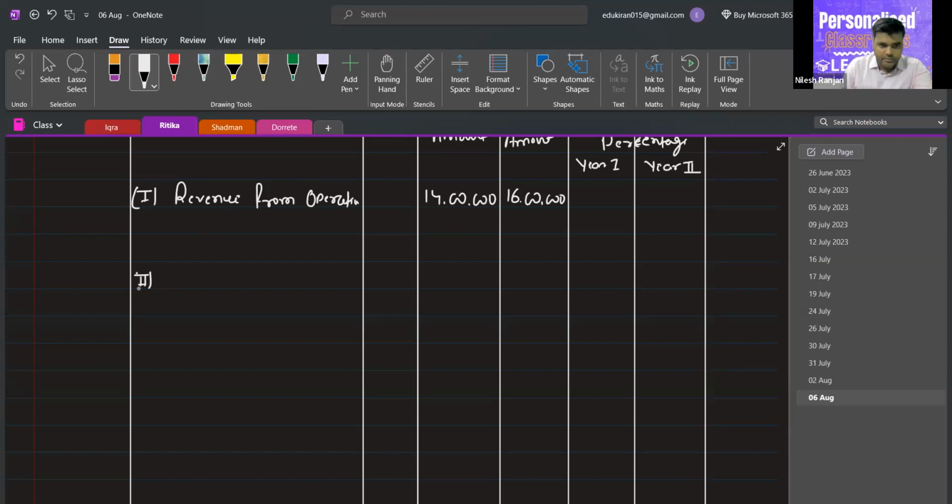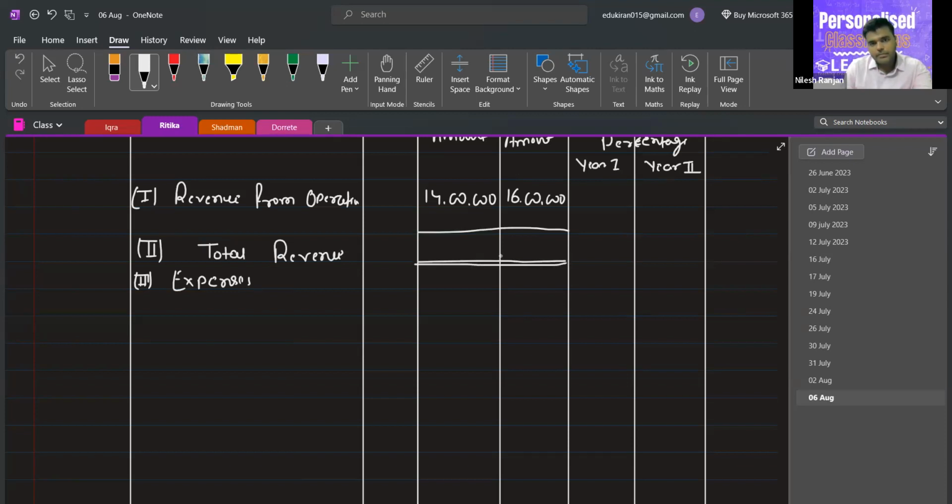The second item is total revenue. It is equal because there is no other income. So 14 lakh and 16 lakh.